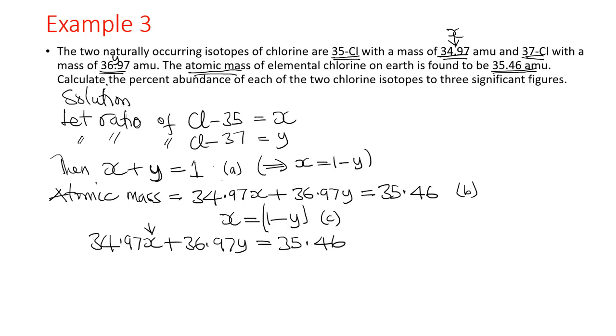I'm not dealing with two unknowns. So I'll say 34.97, instead of x, I put 1 minus y, plus 36.97y is equal to 35.46.